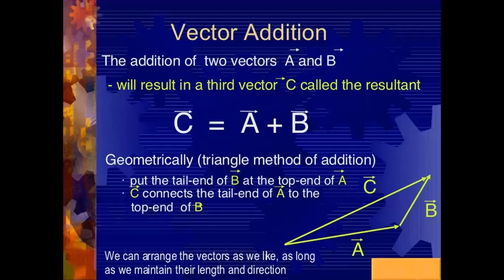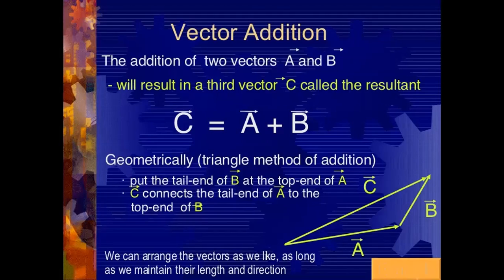Now, what is the triangle method of addition? Take two vectors, vector A and vector B. The resultant is the third vector, C vector.